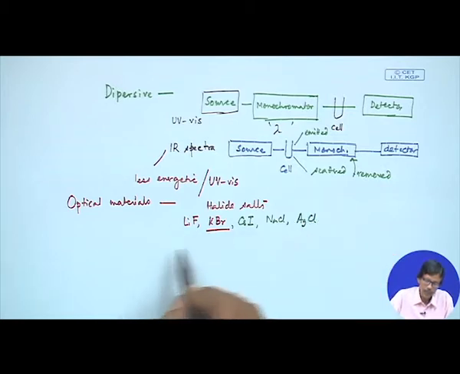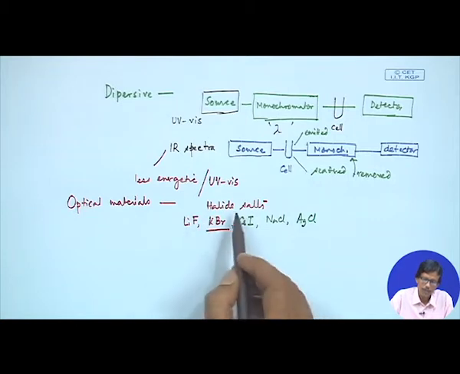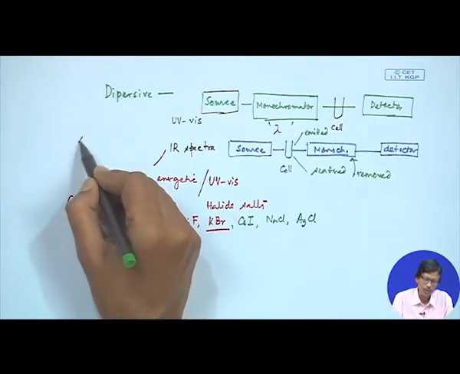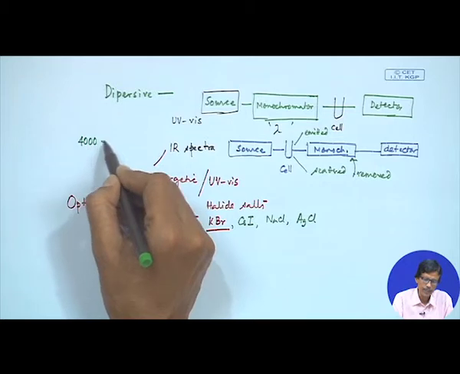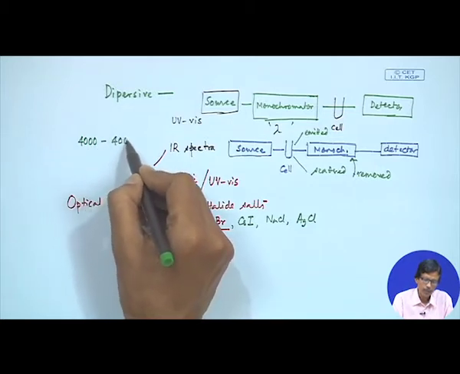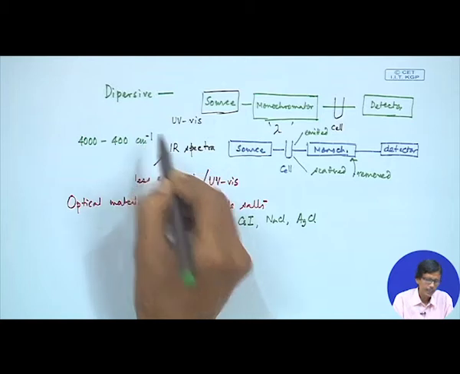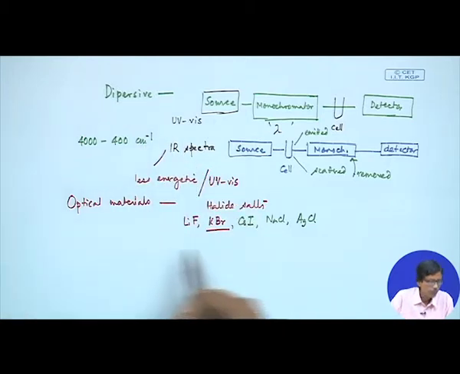So, this particular range, that means the range which is available for identification, because the instrument what we are operating we have seen just now is operating between 4000 to 400 centimeter inverse. So, it should be transparent.